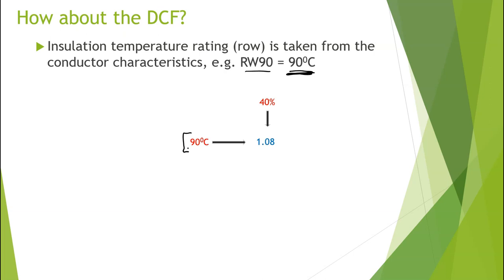We just calculated a value of around 29% loading. The lowest column available to us in table D3 concluded is 40%, and so that is the column that we have to select. So we go down the 40% column, and our multiplier for our DCF would be 1.08.